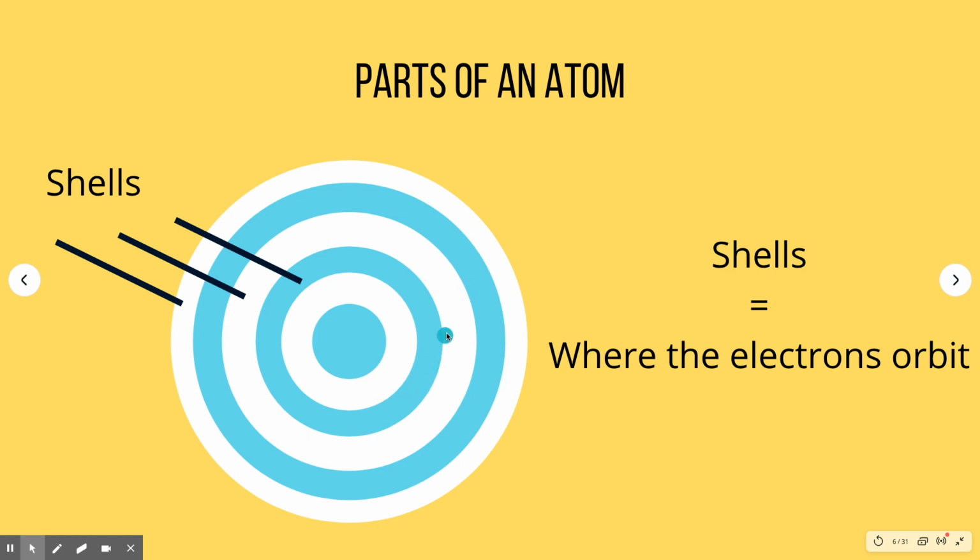So there are different shells, and that's where the electrons stay to orbit. And electrons have a negative charge. So the positive charge from the protons and the negative charge from the electrons are what keep it together. Opposites attract, so they are holding each other together. Even though there's nothing physically tying them together, their opposite charge is enough to keep them held together.